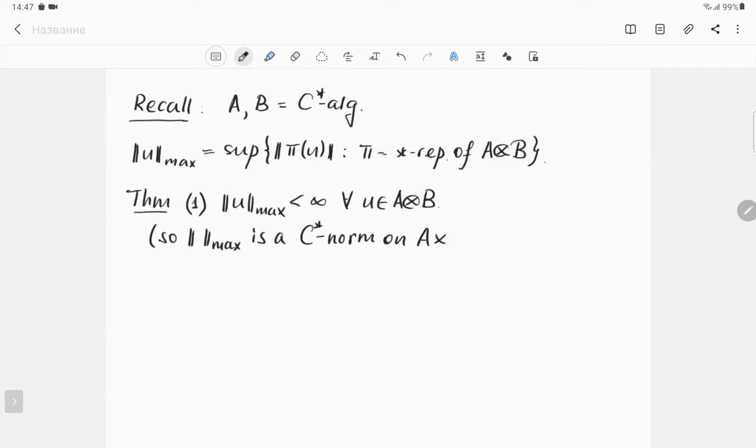It is indeed a norm and not a semi-norm, because it obviously dominates the minimal or the spatial C-star norm, and the spatial C-star norm is indeed a norm.